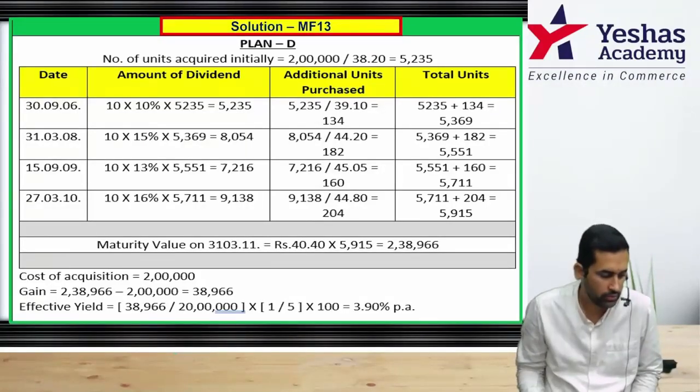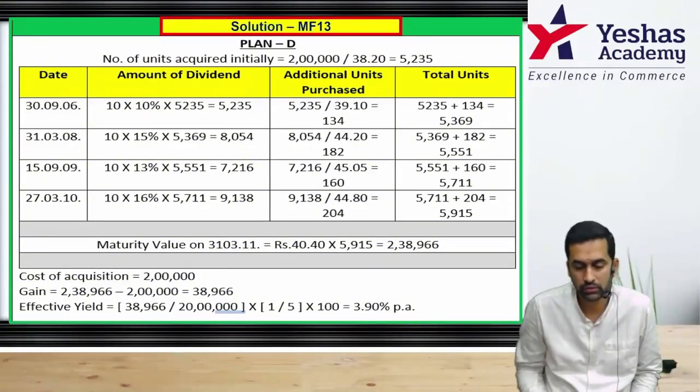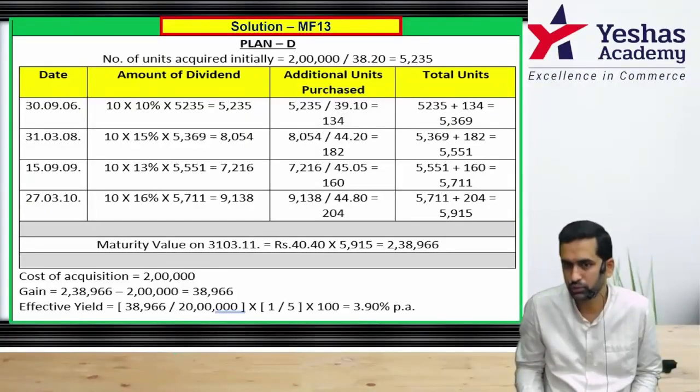One more dividend on 15th September, 13%. Now base will be 5551 into 10 rupee face value into rate of dividend. First amount comes to 7,216, but they're not giving you money.